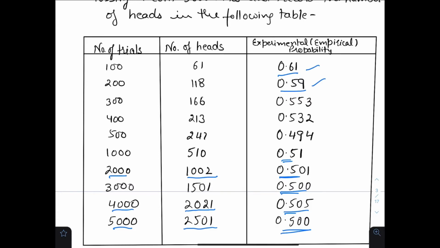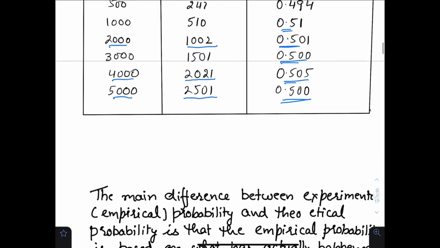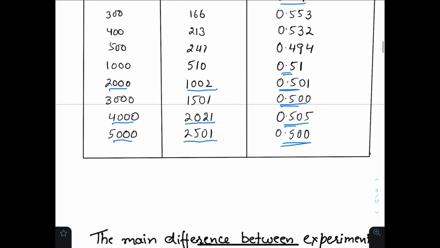Now, if we repeat the experiment with a fair die 1,000 times, we shall find that the probability of each of the outcomes 1, 2, 3, 4 or 5 comes very close to 1 by 6. So, these two examples lead us to the mathematical model of empirical probability called theoretical probability.